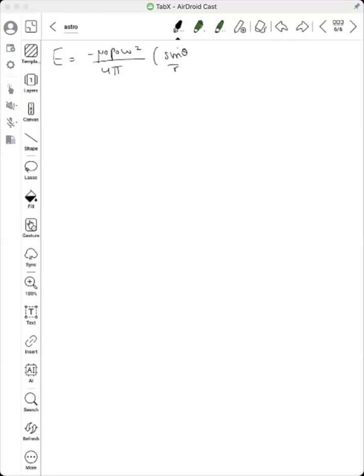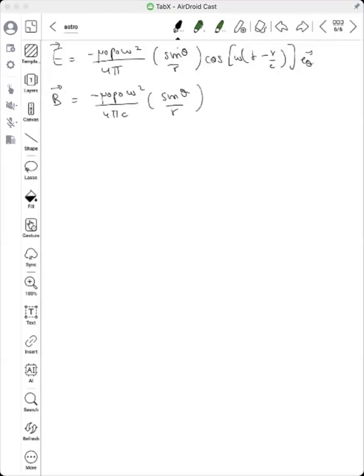Sine theta over r, cosine of omega t minus r over c, in the theta direction. This was E, and B is equal to minus mu 0 p0 omega squared over 4 pi c, sine theta over r.